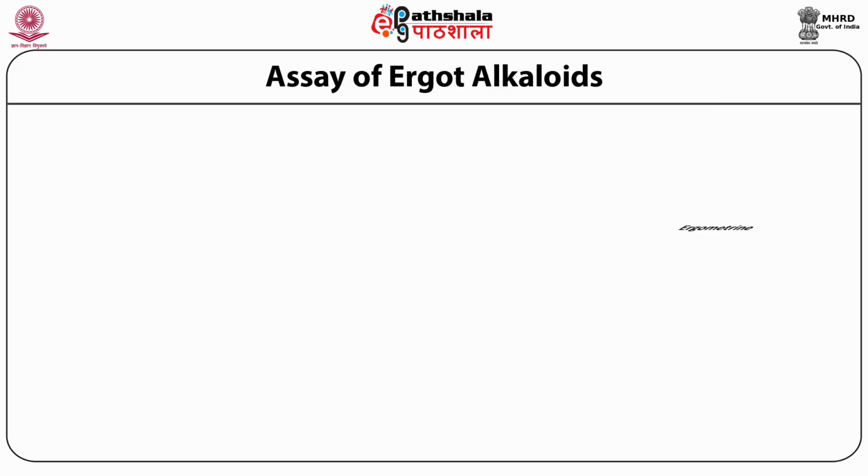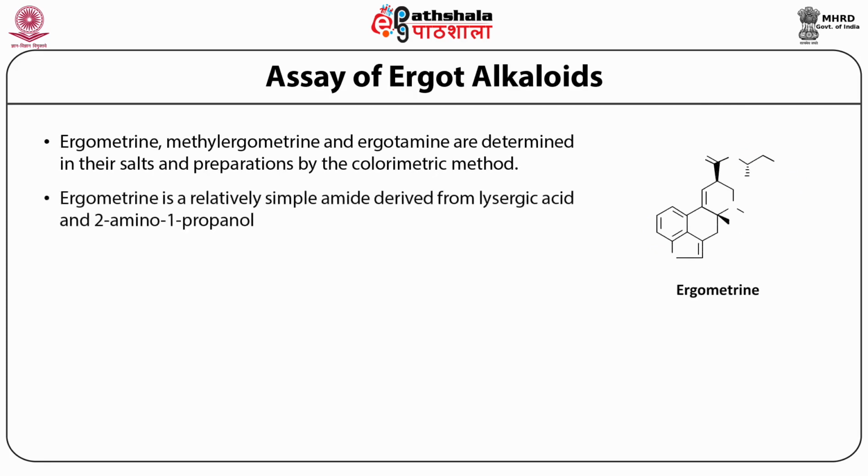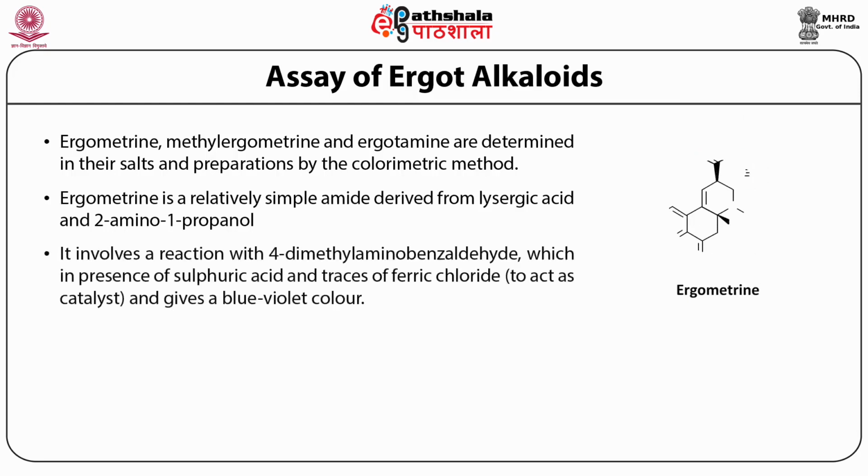Regarding the assay of ergot alkaloids, ergotamine, methylergometrine and ergometrine are determined in their salts and preparations by the colorimetric method. Ergometrine is a relatively simple amide, as you can see. It is derived from lysergic acid and 2-amino-1-propanol substitution. Its assay involves a reaction with 4-dimethylaminobenzaldehyde, which in presence of sulfuric acid and traces of ferric chloride gives a blue-violet color.